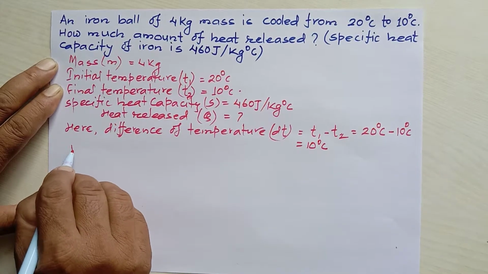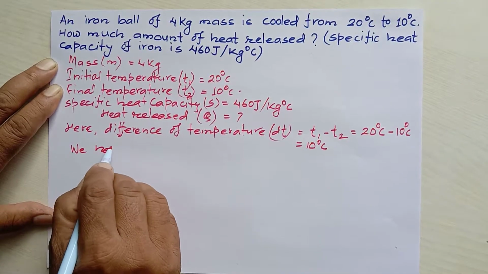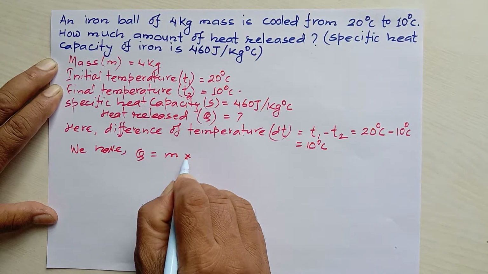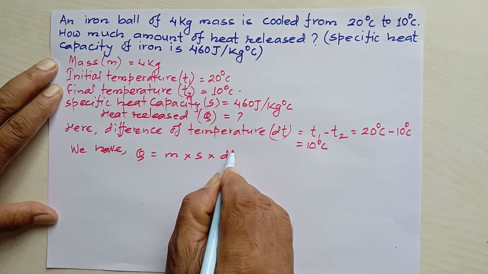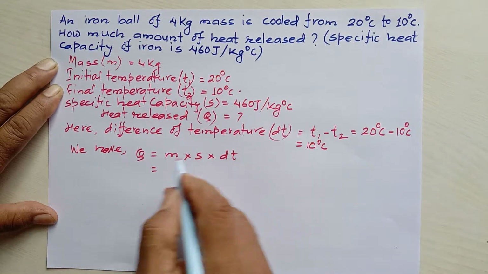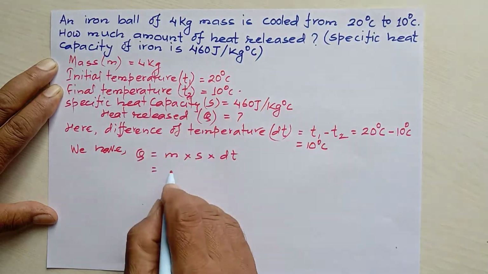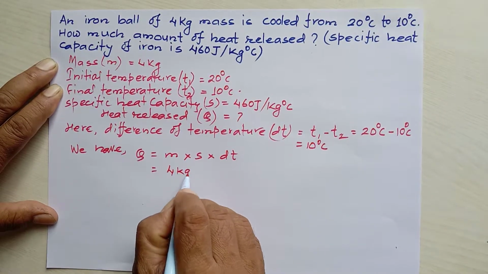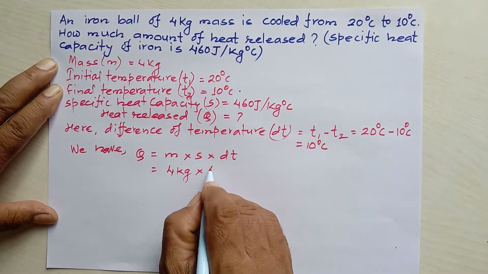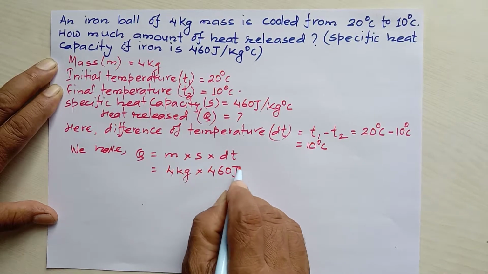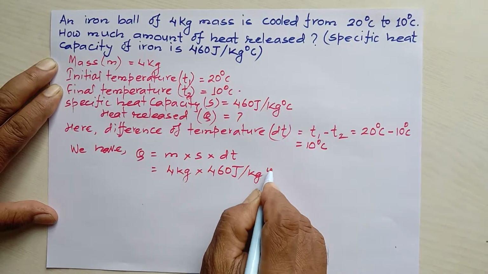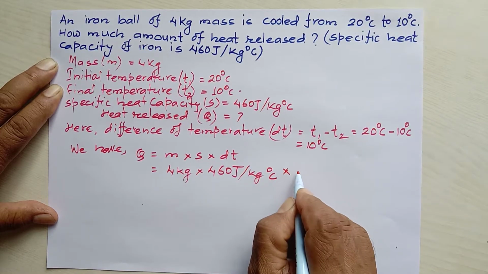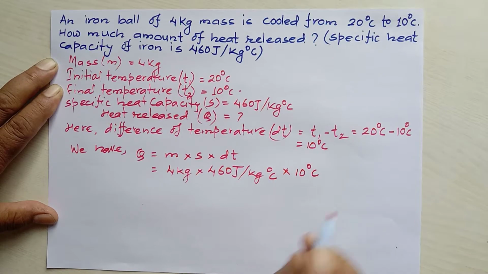Now we can use the equation. We have a very simple equation. Q equal to m into S into dt, and we are going to calculate Q, and m is given here 4 kilogram. If you want, you can write the unit also in the process, and specific heat capacity 460 joule per kg degree Celsius into difference of temperature dt, which is 10 degrees Celsius.